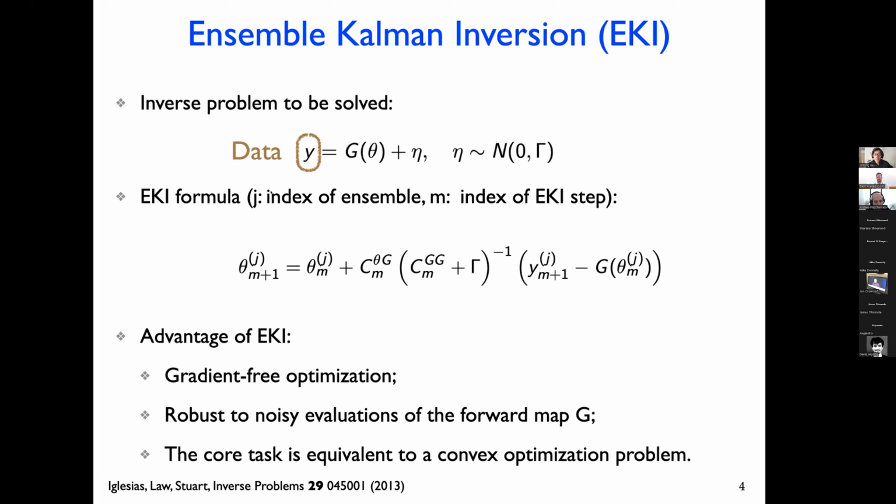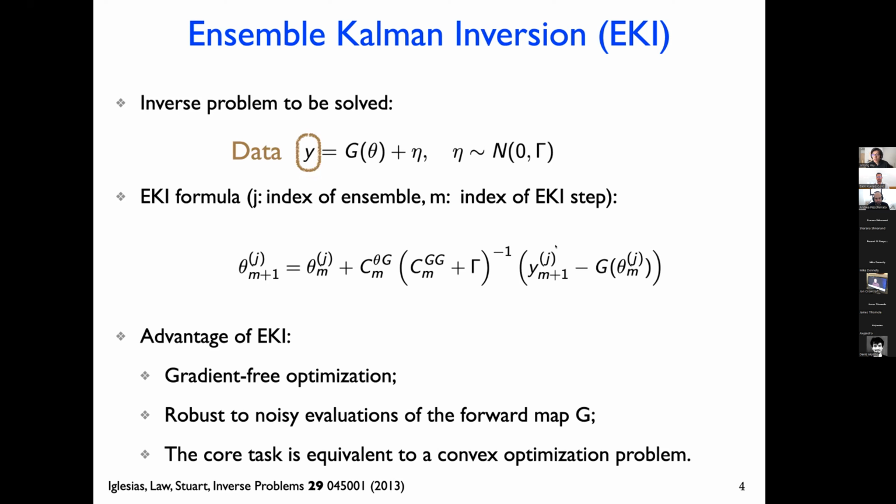And the EKI updating formula is presented in the middle of the slide. The J here denotes the index of the ensemble, and M represents the index of the EKI step. So this updating formula can be understood intuitively in such a way that at the M-th EKI step, we have a current estimation of unknown parameters theta.